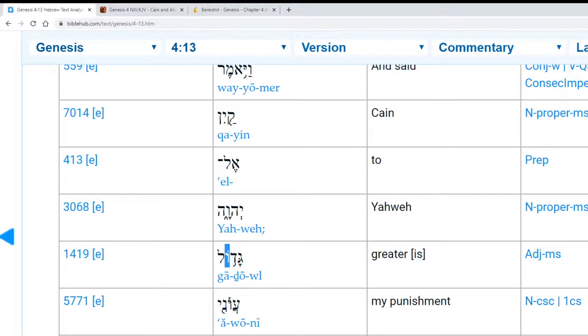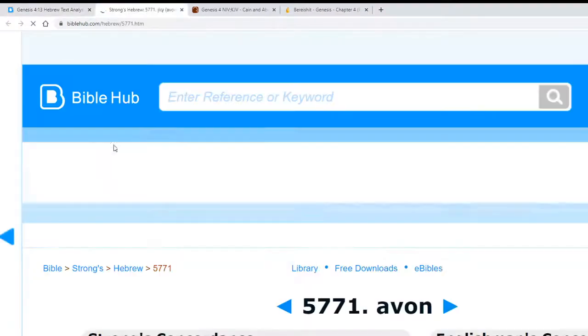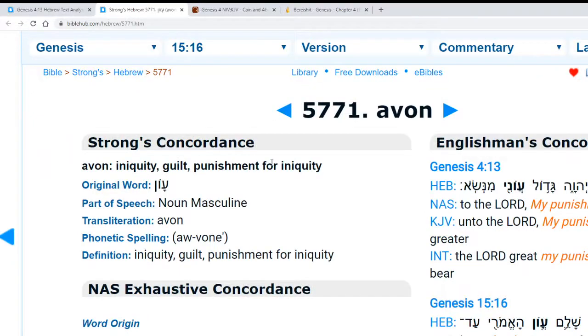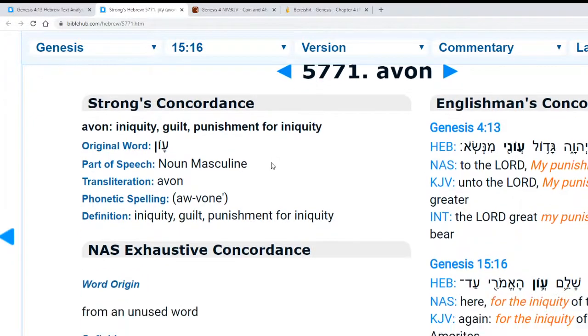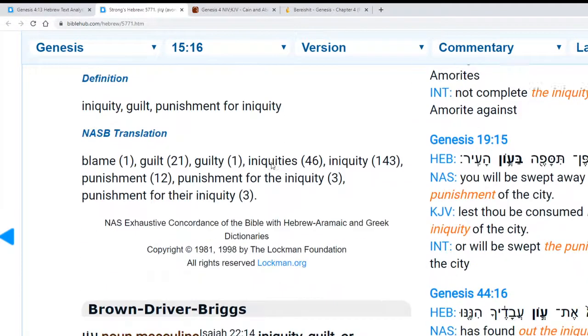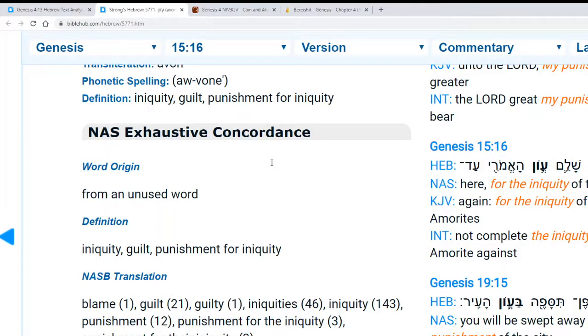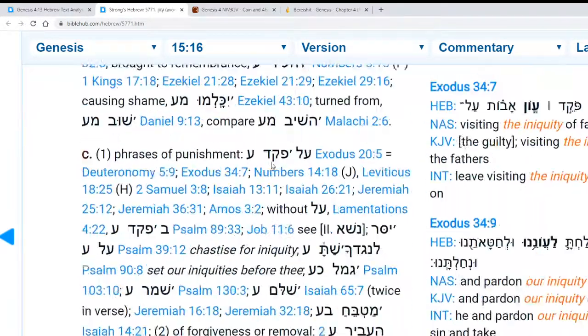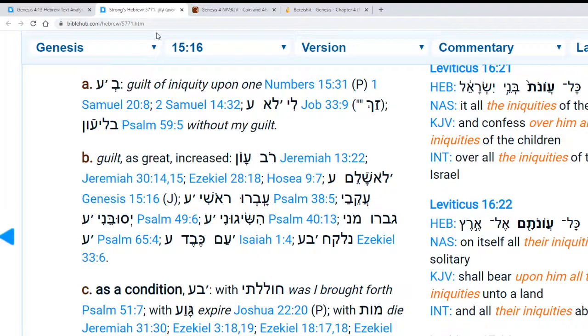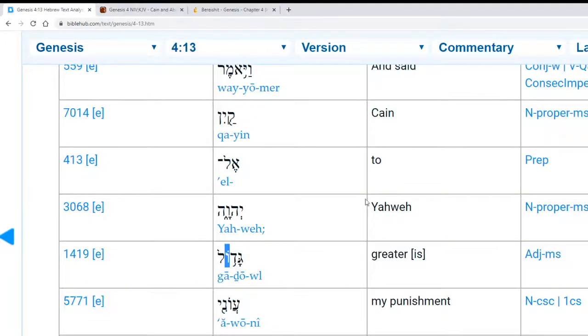Ayin Vav Nun. They're saying punishment. I disagree with that. Iniquity, guilt, punishment, right? And you can look at the concordance. This is something that shows up a lot. Avon, right?